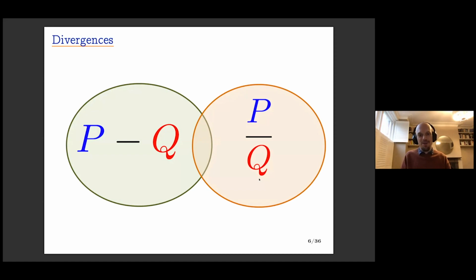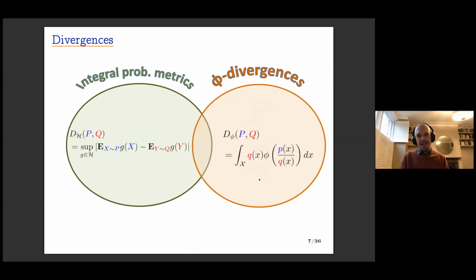These are two fundamentally different ways of looking at a comparison of two distributions. Either I can think about their difference, or I can think about their ratio. And these give rise to two fundamentally different classes of divergence measures. The difference philosophy gives rise to the integral probability metrics.